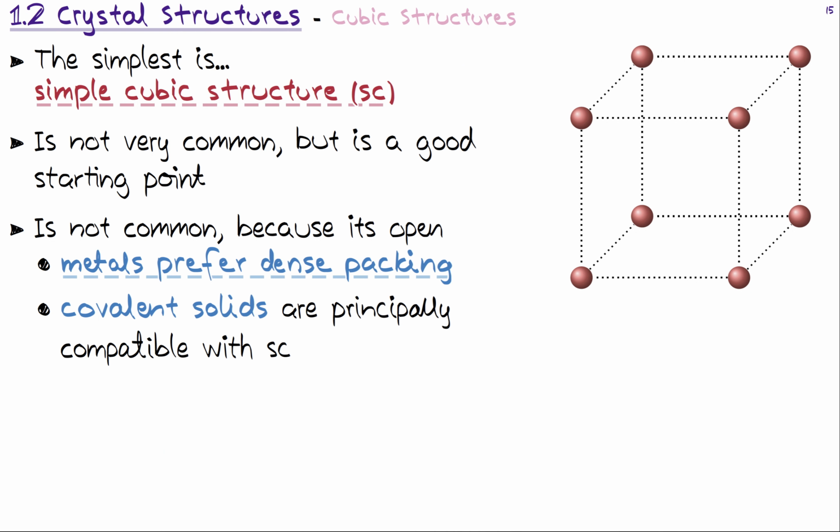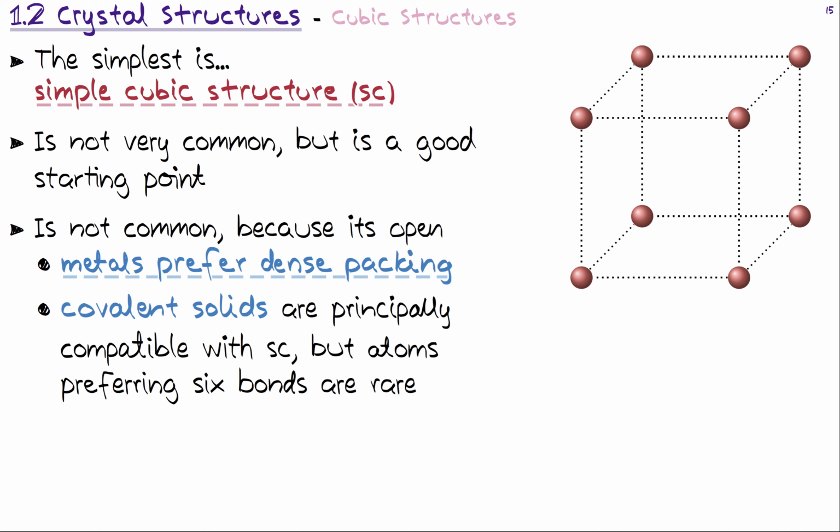Covalent solids are, in principle, compatible with a simple cubic structure, but atoms preferring 6 bonds are not very common, and that's the reason in practice why we don't have these. More of this in our upcoming chapter on bonding of solids, but we can already appreciate here that, depending on what we put into the lattice points, they might prefer to form a given kind of bonds with their adjacent atoms.